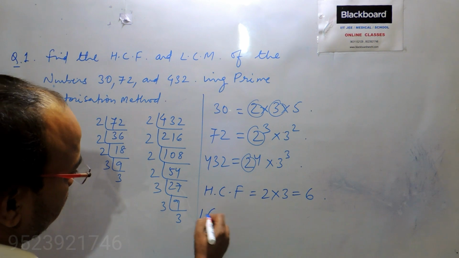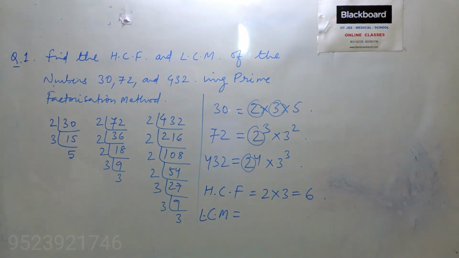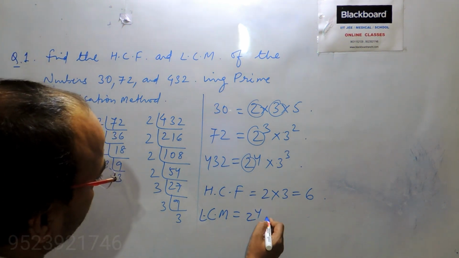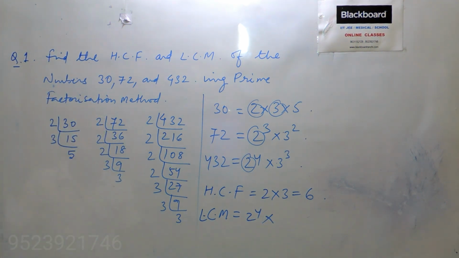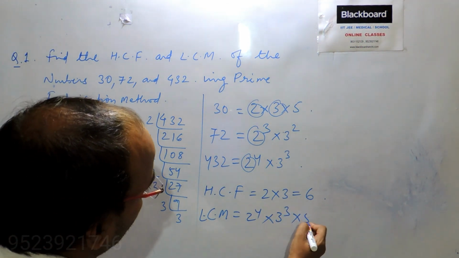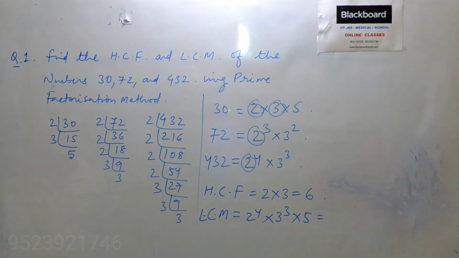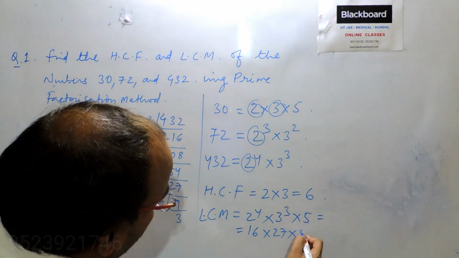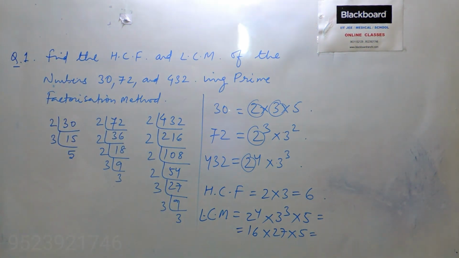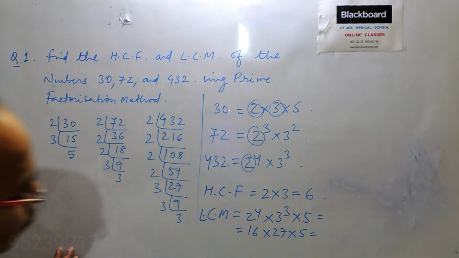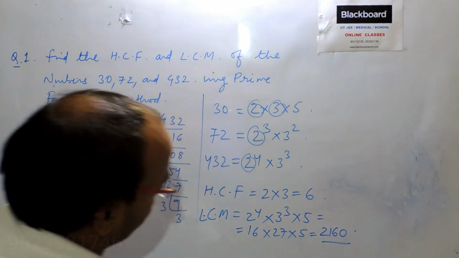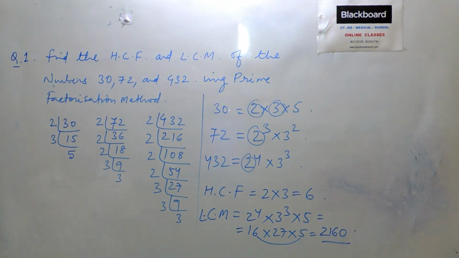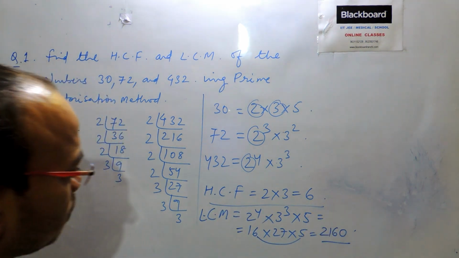And LCM of 30, 72 and 432 is 2 to the power 4 into 3 to the power 3 into 5. That means 2 to the power 4 is 16 and this is 27 into 5, that is 135. 16 into 135 is 2160. That means LCM is 2160 and HCF is 6.